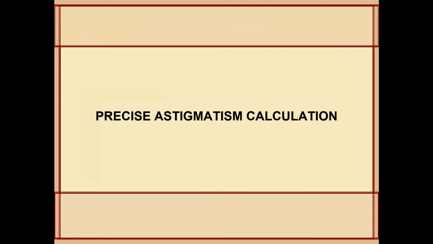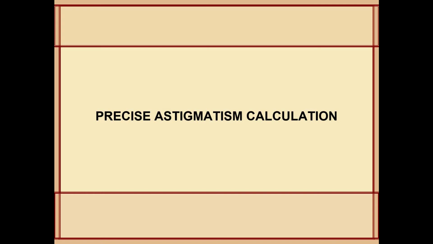Now, talking about astigmatism, precise astigmatism calculation is becoming a major issue now that we are using toric implants, and many patients, all patients I should say, are paying cash from their pockets.